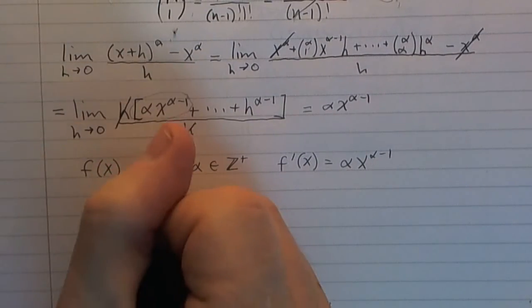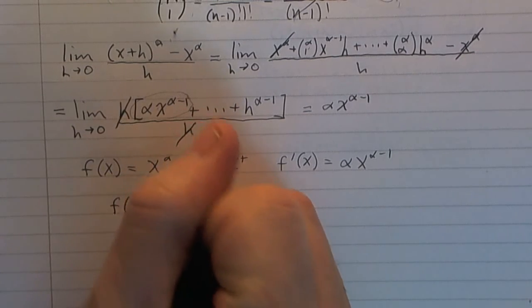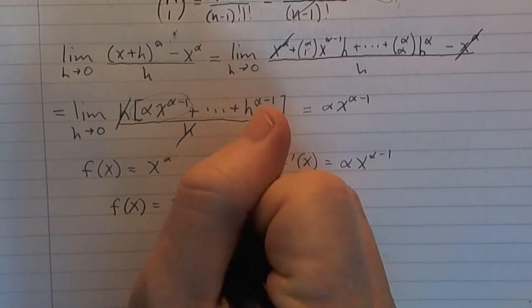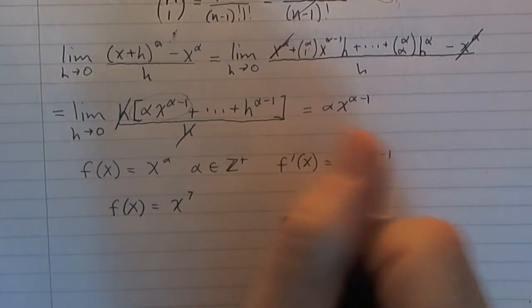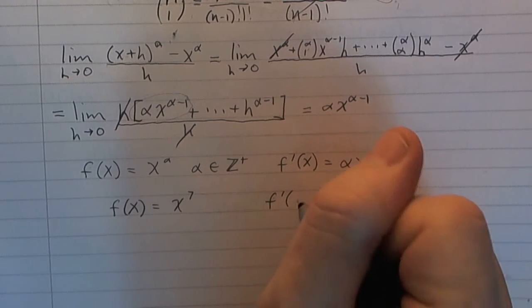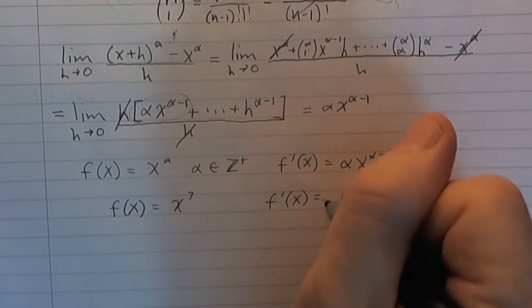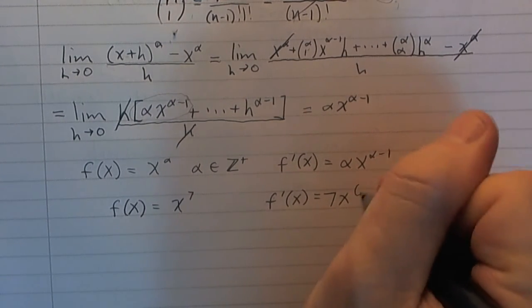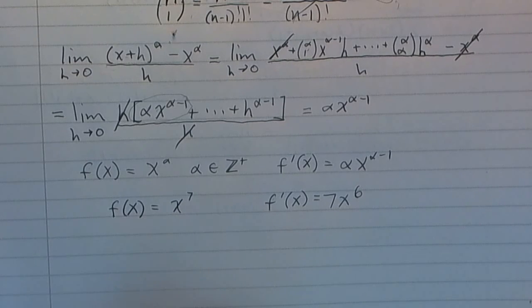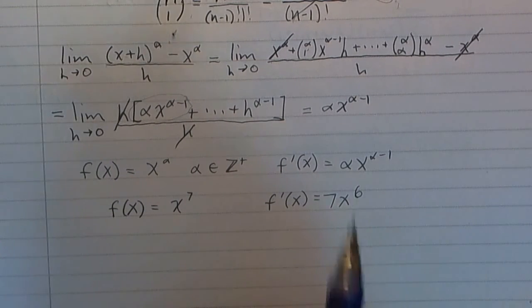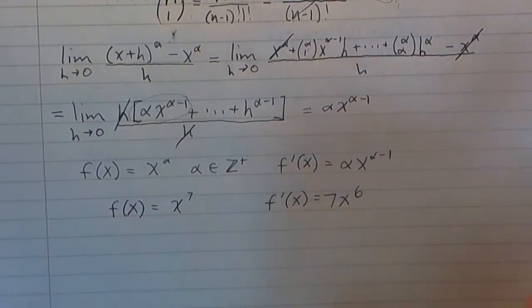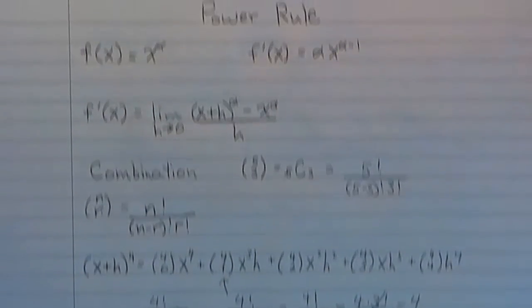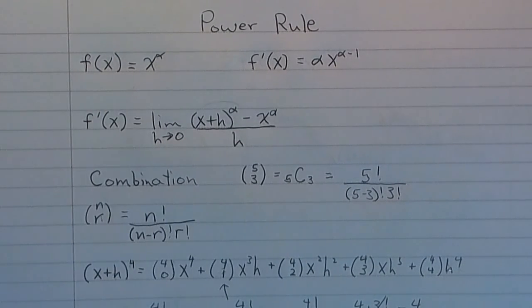So, for example, let's suppose that we have f of x equals x to the 7th. Then we know that f prime of x is equal to 7x to the 6th. See? We just subtract 1 from the top. So this shows the power rule is true provided that alpha is a positive integer.